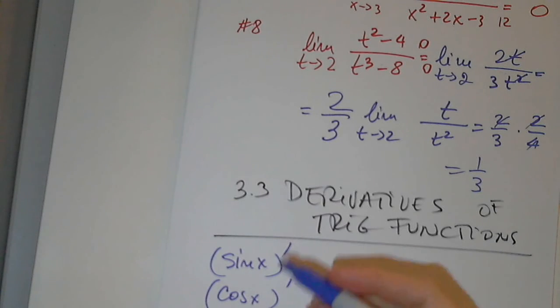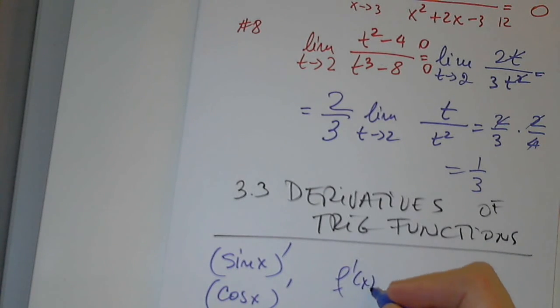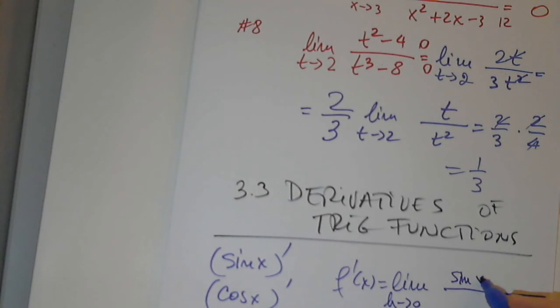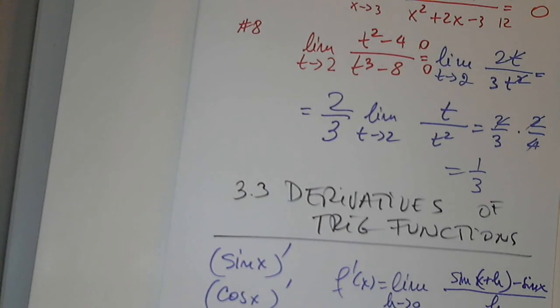Okay, it's up to you if you'd like to see it, of course, with the definition. What is the definition for any of them? So f prime of x for the top, limit as h approaches 0, sine of x plus h, of course, minus sine x over h. So we can go through a proof, or say, let's save the time and continue with all 6 trig functions.